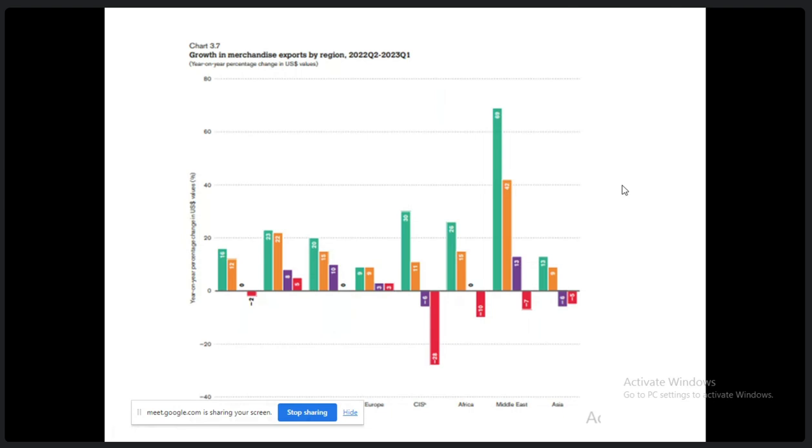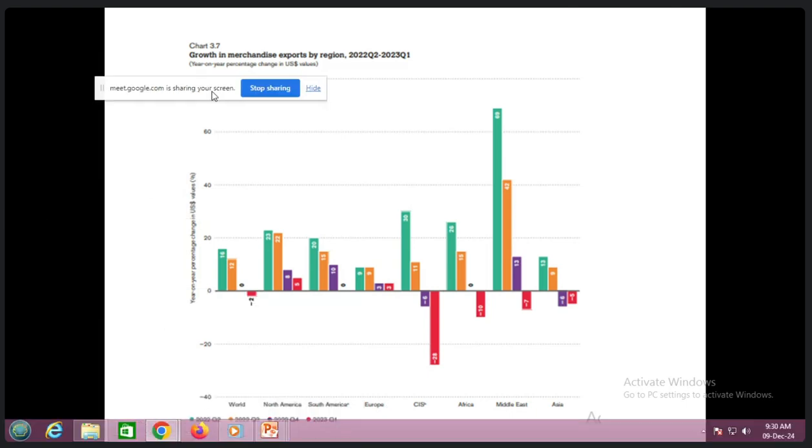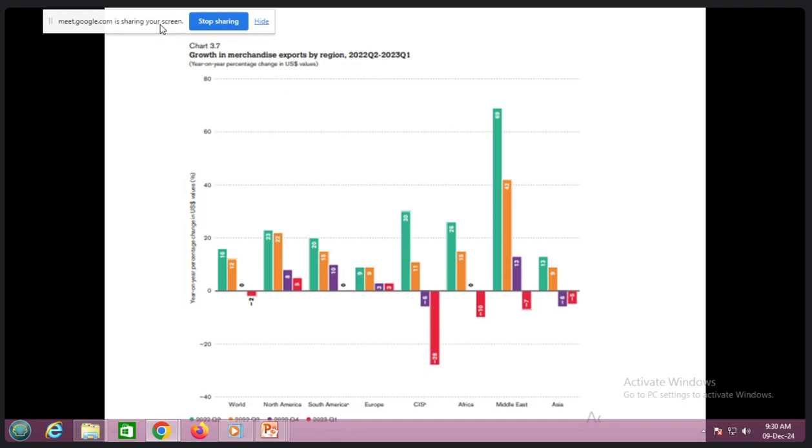When it comes to regional aspects of trade, this is the world growth in the exports by region, which I had shown earlier also. This is exports; the earlier one was the trade data.